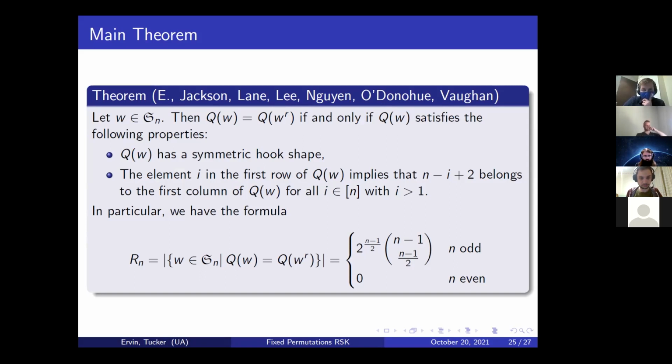Classic words on two letters kind of argument, I believe. And then what did you say the 2 to the (n minus 1) over 2 was counting? That's counting the number of standard Young tableaux that satisfy the second property.